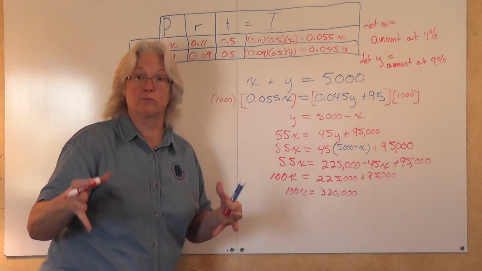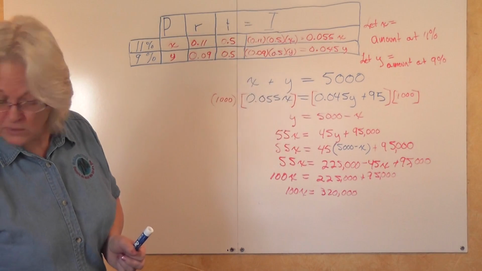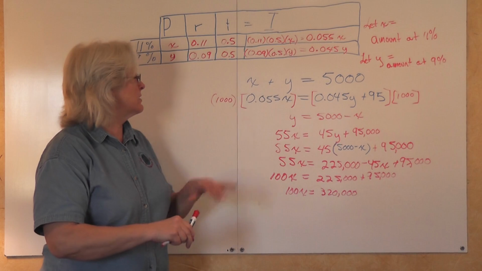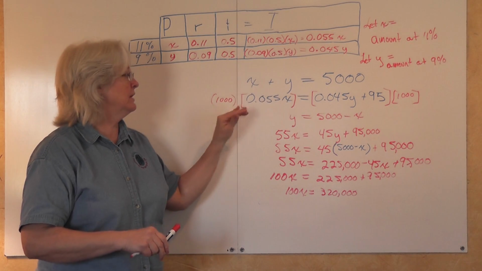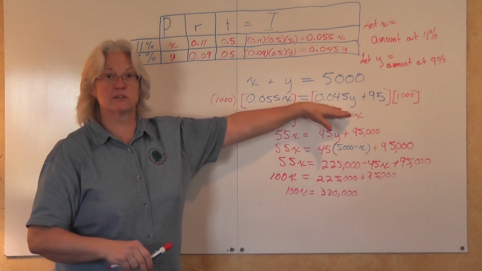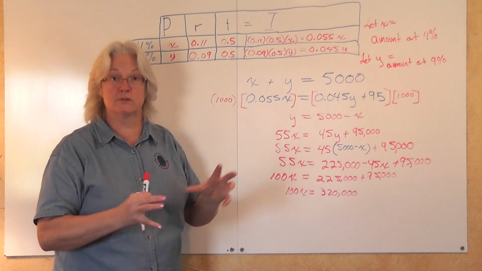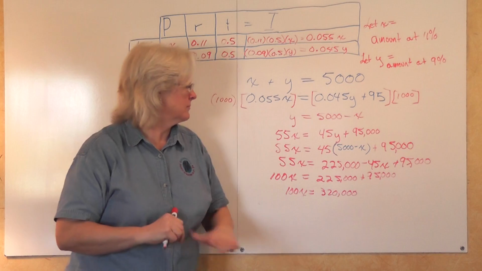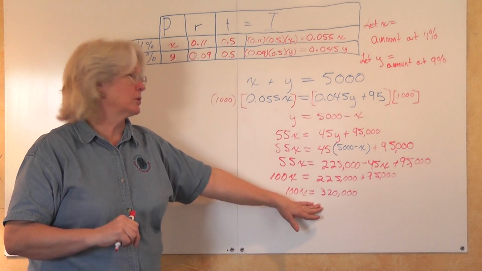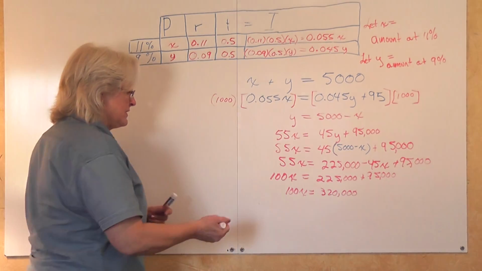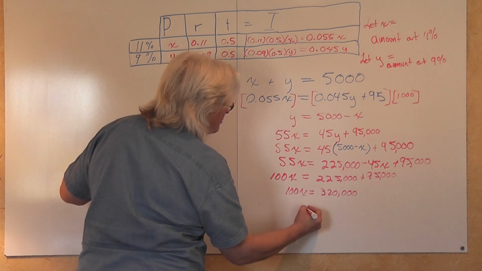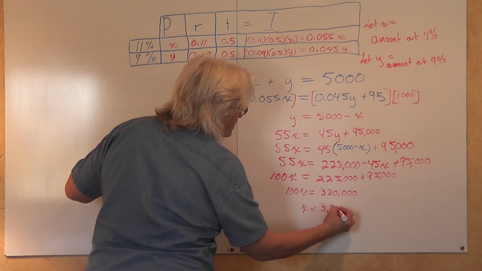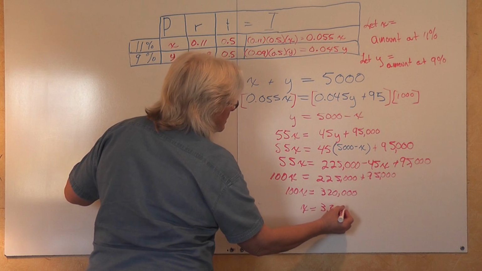See, these numbers get really big, but the only reason they're big like this is because we multiplied by a power of 10 to eliminate these decimals, to convert these numbers into whole numbers only. What are we going to do now? We're going to divide both sides of this equation by 100. X is equal to $3,200.